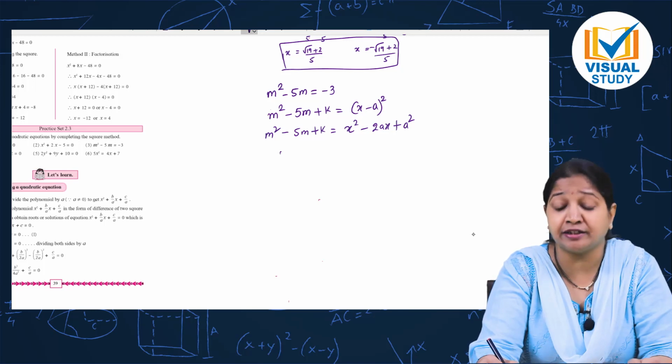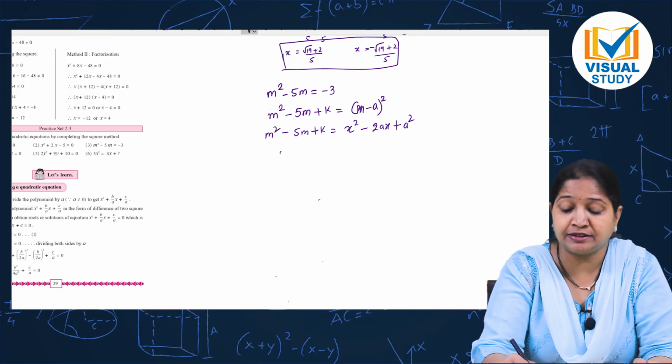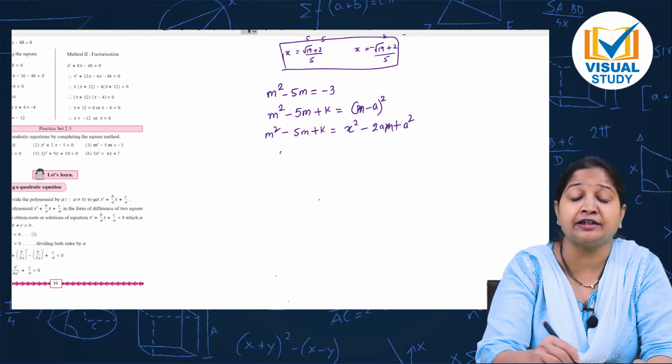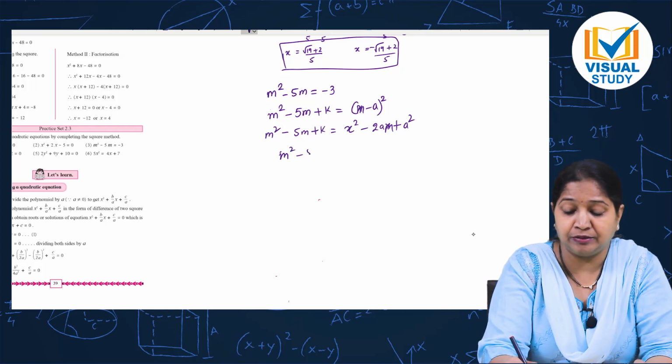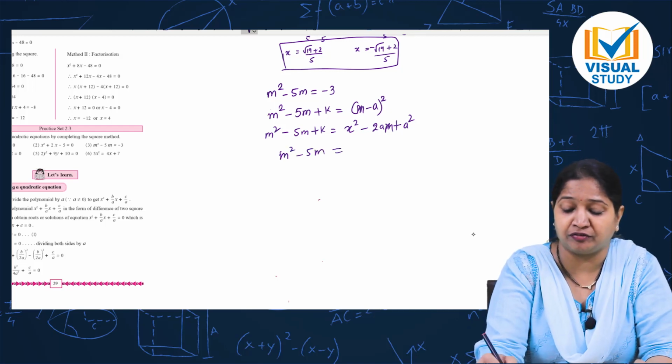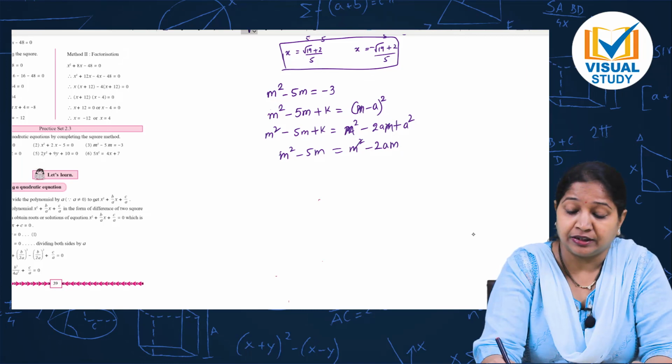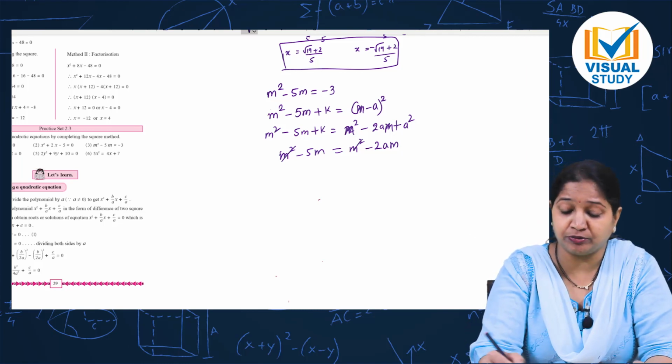Sorry, you have to take it here m because it is given m. So you have to take it here m. m square minus 5m equal to, here also, m square minus 2am. But again cancel m square.